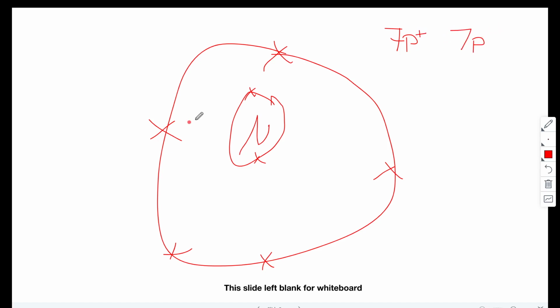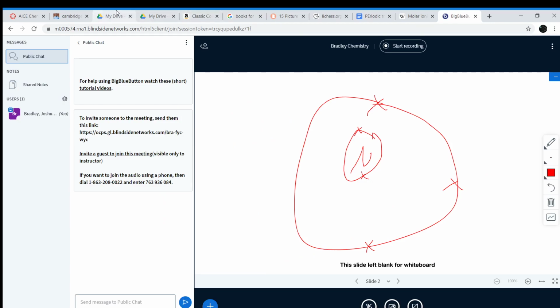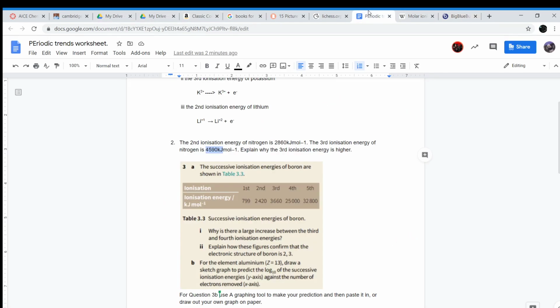Okay. It's saying that we lose 1 electron, and then we lose the second electron. So we've lost 2 electrons here, and the energy level is this one right here with 2 electrons.